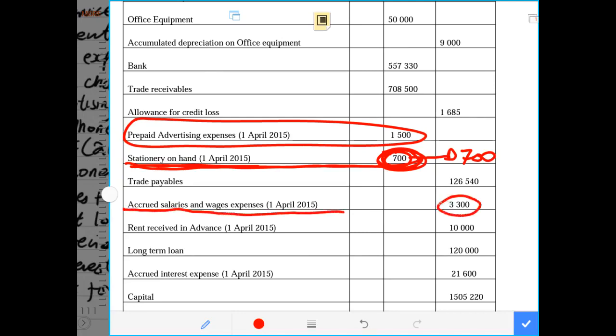Accrued salaries and wages was an amount of 3,300 rands. Remember, accrued expense is a liability. So for us to cancel a liability, it has to be recorded on the debit side. Therefore, for the accrued expense reversal, we have to debit it and credit salaries and wages, because the reversal of credit is debit in simple terms.